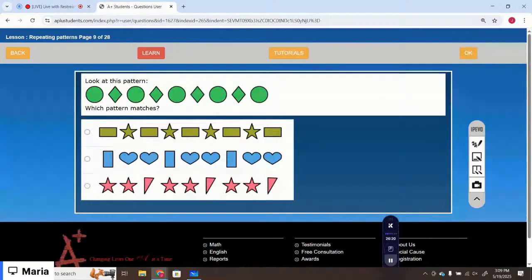Look at this pattern. Which pattern matches? So, which is the correct option? Option number one is the correct option.